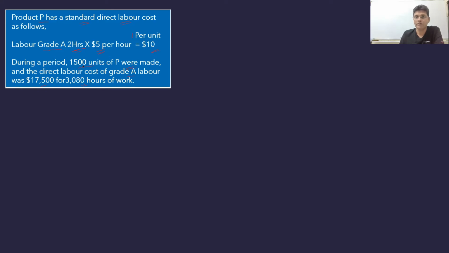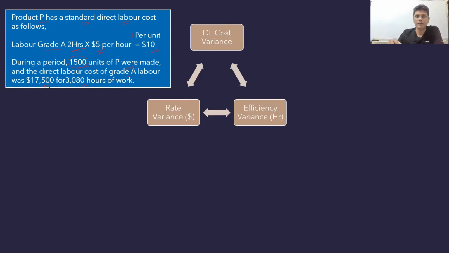To produce 1,500 units, how much labor was used? 3,080 grade A labor hours were used. At which cost? $17,500. So therefore, the total direct labor cost variance.